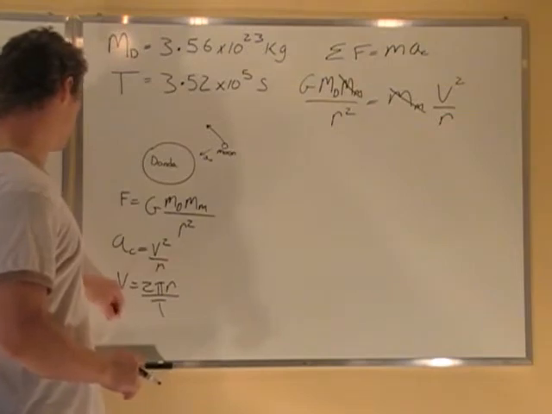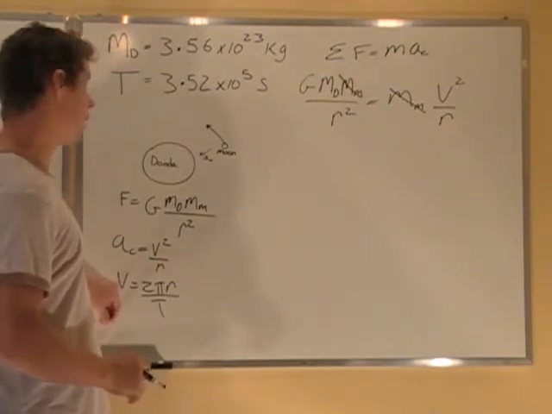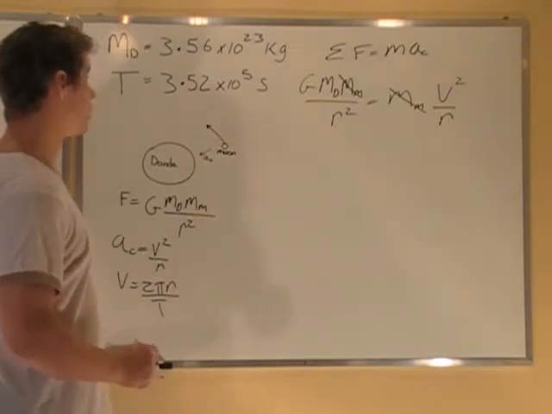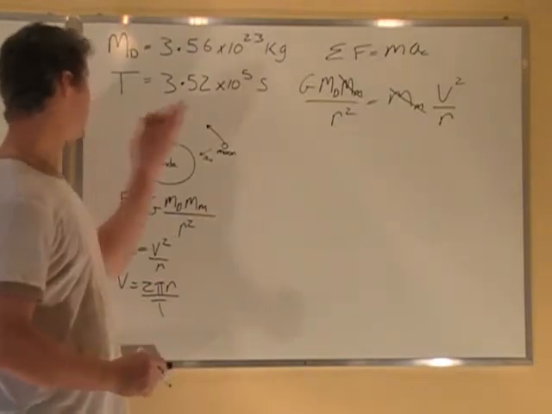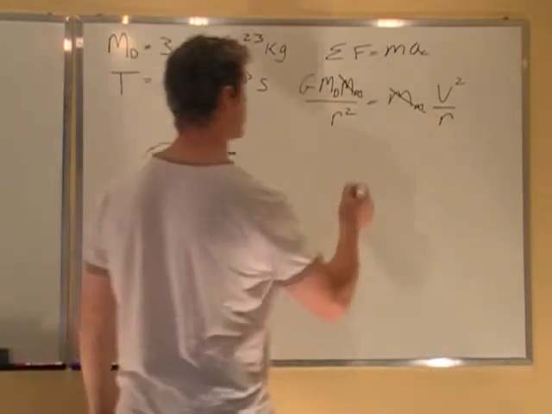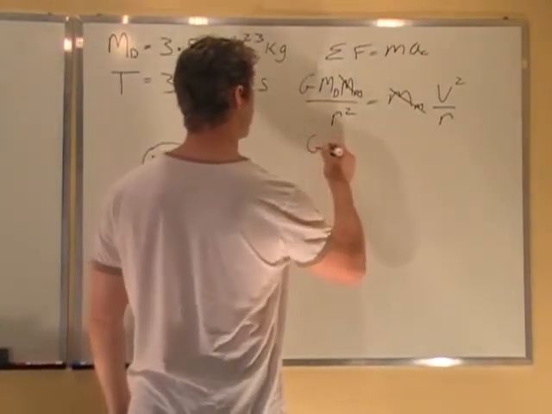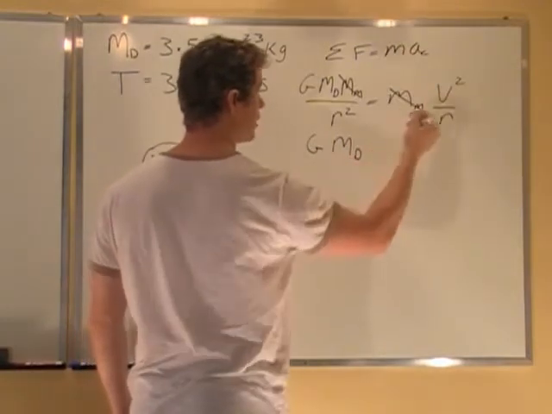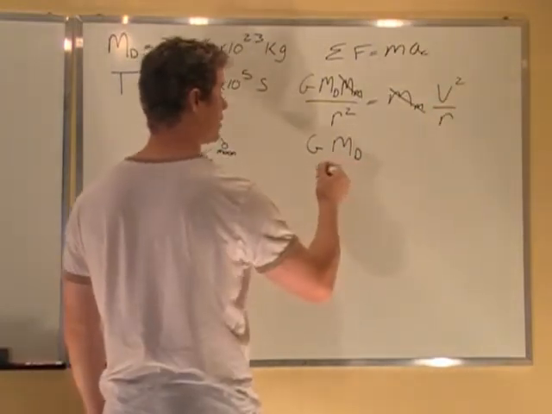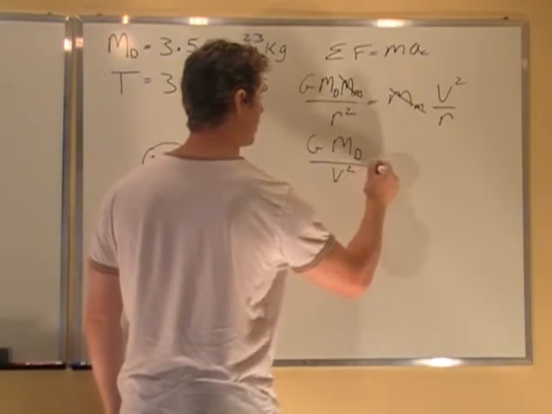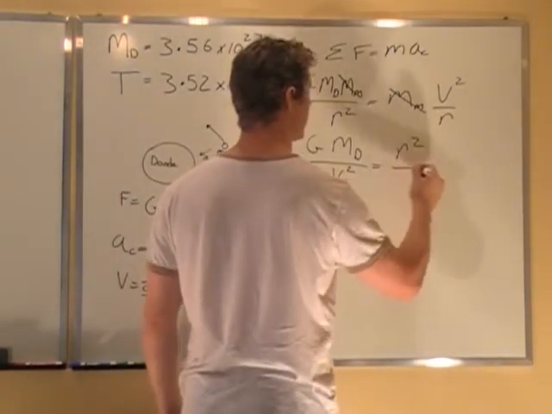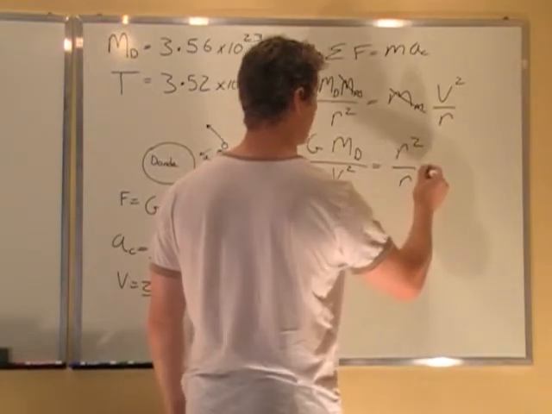Since I want to find what v is, I want to solve for r in one equation and plug into the other equation. I'm going to do that in this equation, since I already have it up here. So I'll say G M_D. I'm going to multiply r squared to this side, and divide v squared to this side. So we get v squared equals G M_D over r, multiplied by r squared, which simplifies down to r.